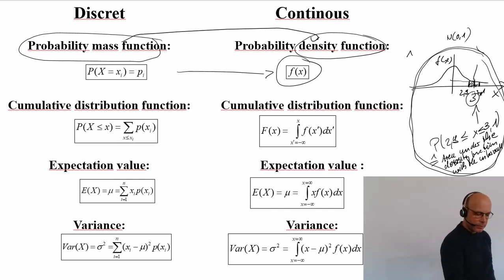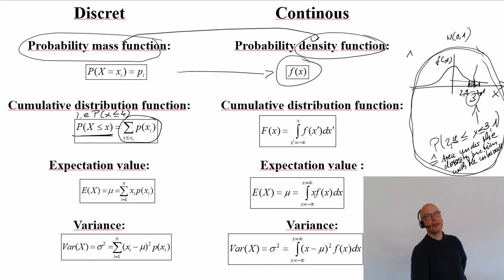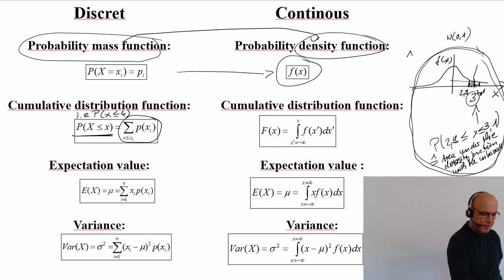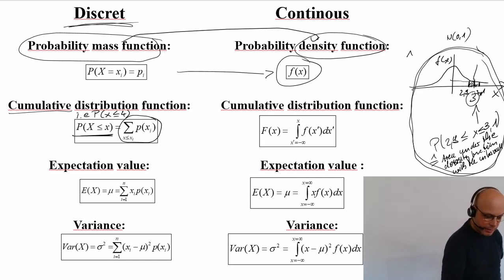And then, of course, what we have done is that this probability p of x lower equal 4 is just the sum of the single events, if we have a discrete random variable, and this is called the so-called cumulative distribution.